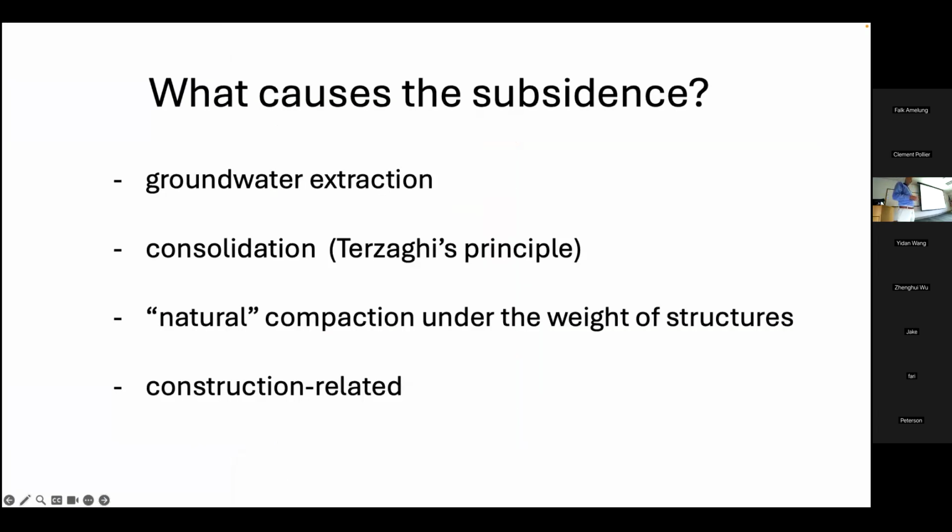Okay, so what could cause the subsidence? When it comes to subsidence around the world, the typical explanation is groundwater extraction, but in Miami Beach there's no groundwater extraction. Another possible explanation is consolidation.